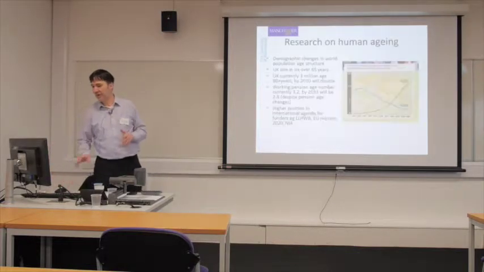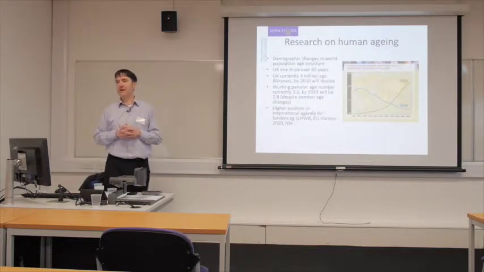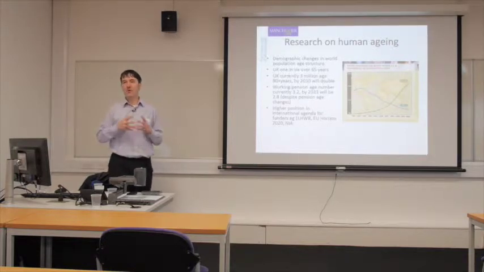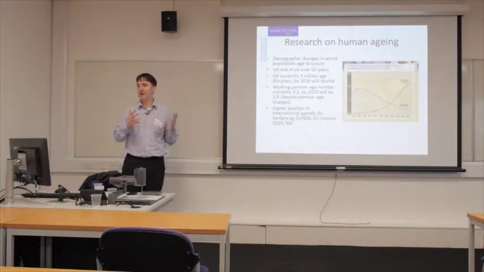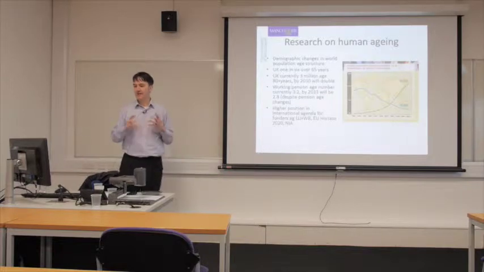So you'll have heard in every talk about aging that we have a demographic shift in the world population, that in the UK 1 in 6 is now over 65, and there's about 3 million 80 plus year olds. And obviously working pension relationships are quite interesting, and these are changing despite the change in retirement age.